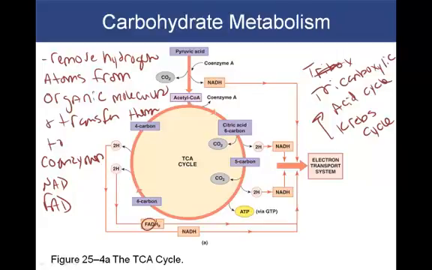And we see that the TCA cycle, we start off with pyruvic acid. This moves into the mitochondria, and it's quickly converted into acetyl-CoA. On and on. As we move around this cycle, you get a conversion.